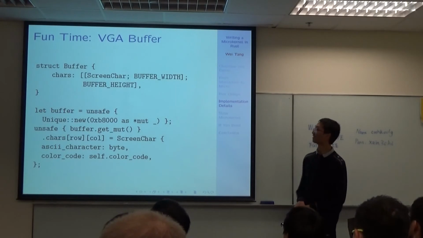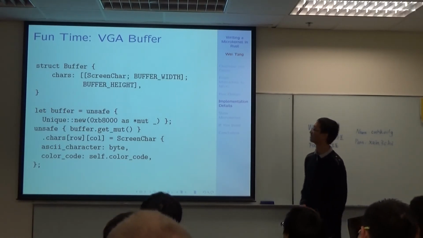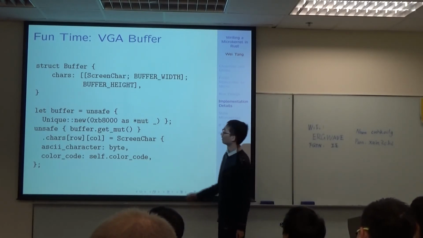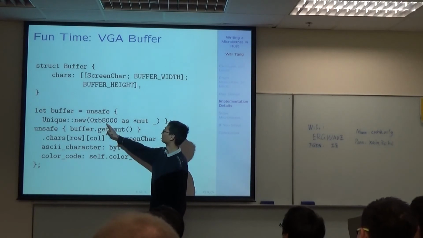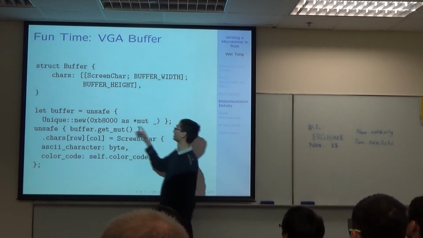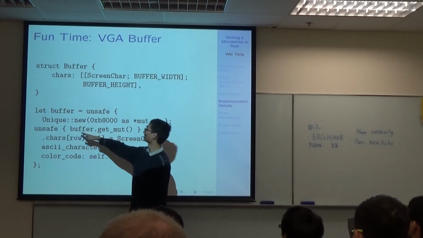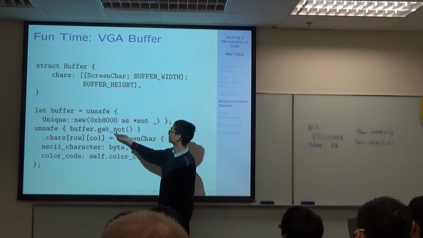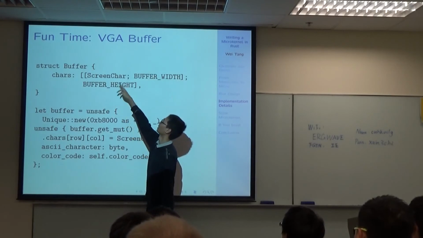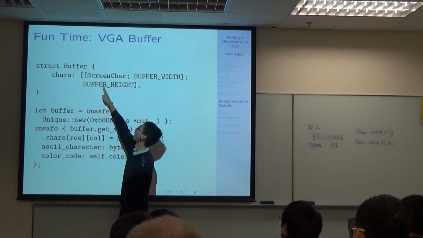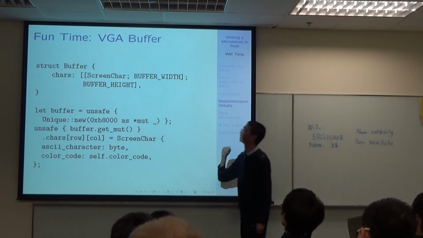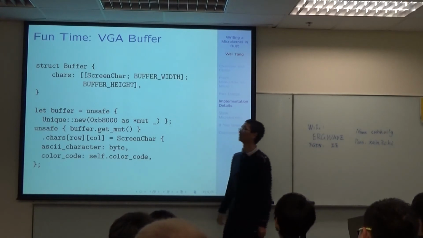So this is something fun. This is how a VGA buffer works. When you enter the kernel, there's a VGA buffer at this location, 0xB8000, and you can just grab that raw pointer and get this mutable variable, which is actually something like this. There's an array of chars, and the width, if I remember correctly, is 80, and the height should be 25.